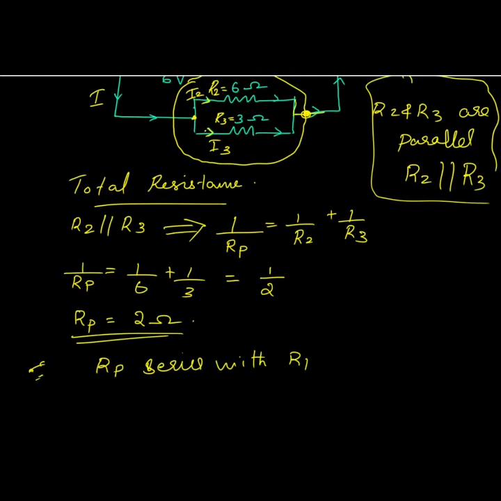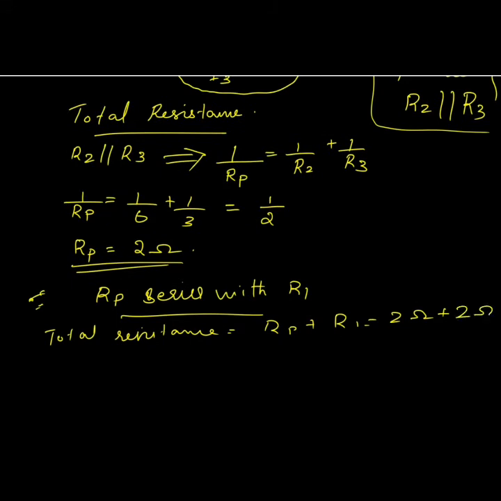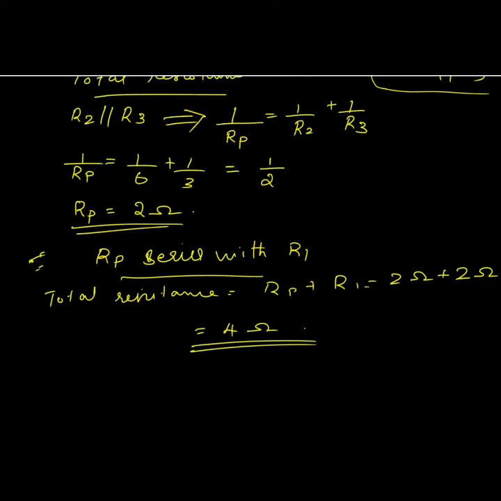So when you write, you can write total resistance is equal to RP plus R1. So RP we got it as 2 ohm and R1 you know it is 2 ohm. So you get the total resistance as 4 ohm, which is the resistance of the circuit. Okay, now if you want to name that to be R, you can name that to be R.